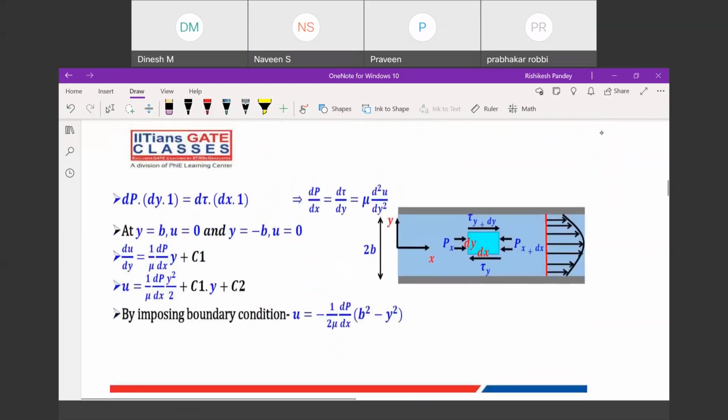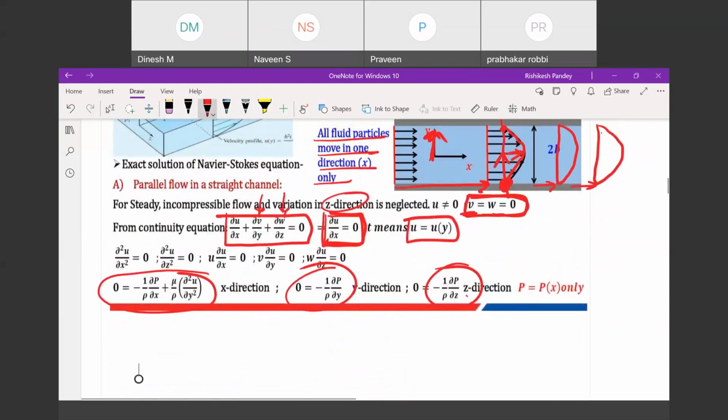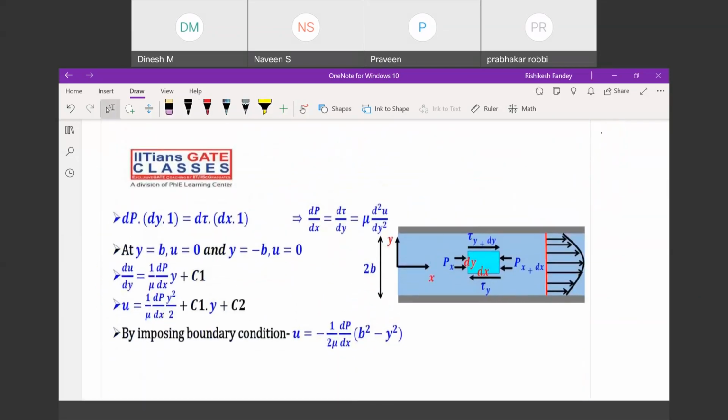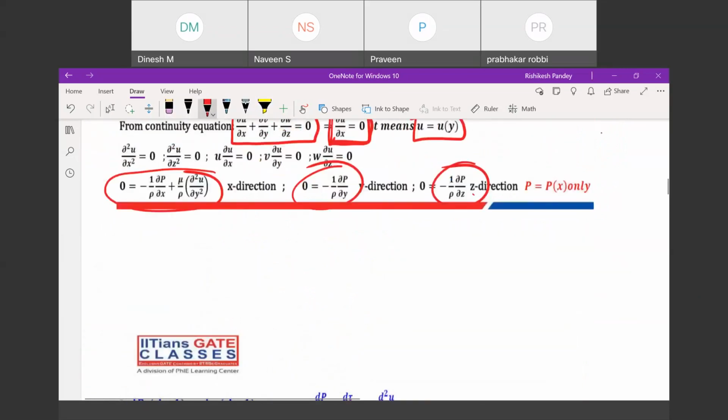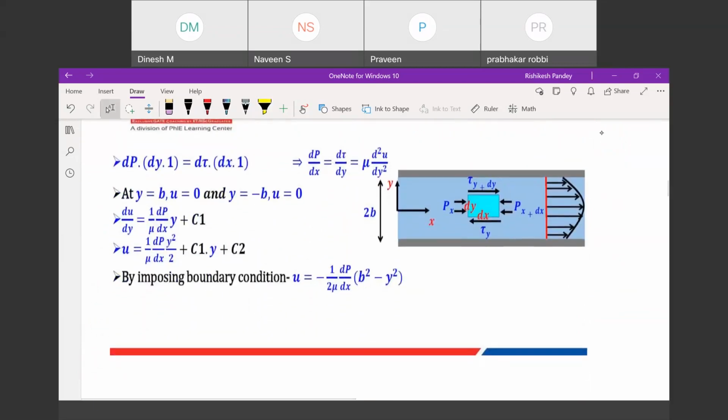Okay, so this is the equation we are getting, and we have to solve it. But if you refer to your reference books, they get this equation, but what they show is a fluid element like this with forces acting on it.